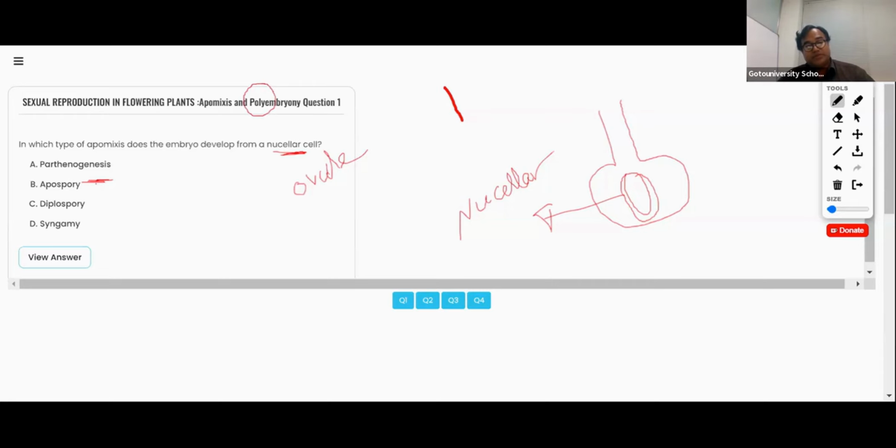Polyembryony means many embryos, right? Parthenogenesis is nothing but the formation of the zygote without the help of the male gamete. Can you give an example for parthenogenesis? I can say in animals. Can you say an animal example?